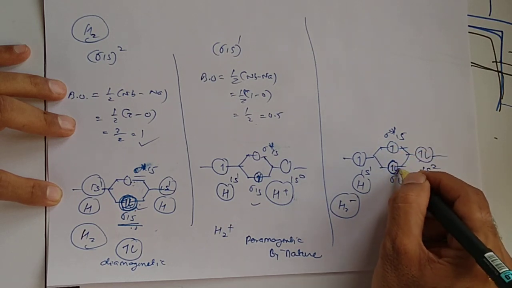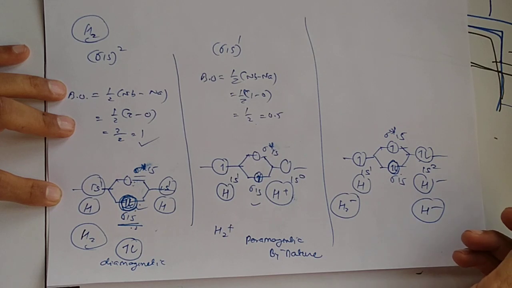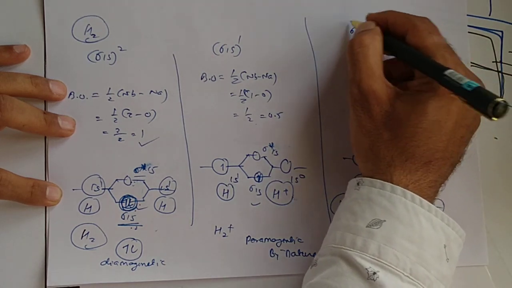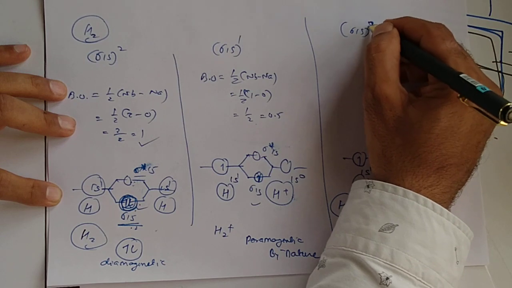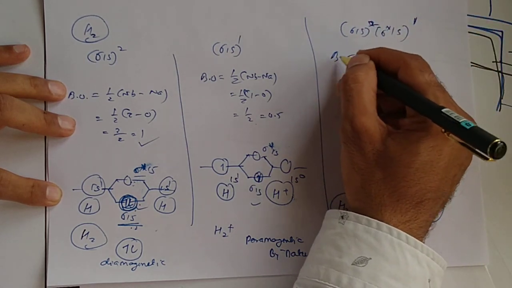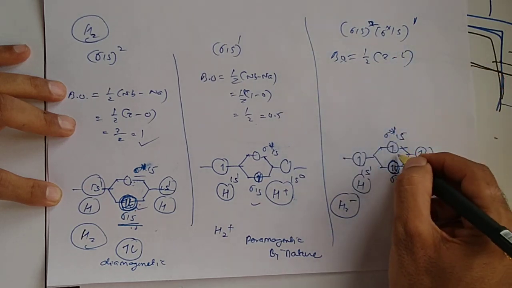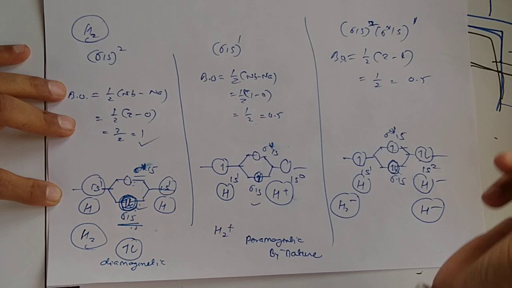Only 2 electrons are possible in one orbital, whether atomic or molecular, it doesn't matter. 1, 2 and 3. So sigma 1s2 and sigma star 1s1. So bond order is 1 by 2 of bonding electrons 2, anti-bonding 1. So 2 minus 1, 1 by 2, 0.5.